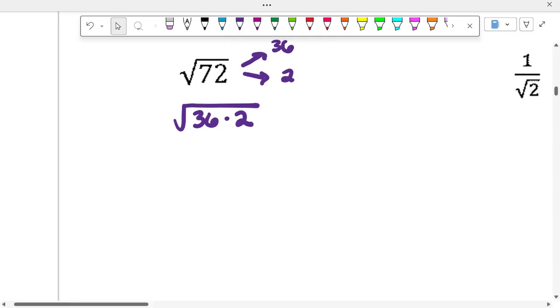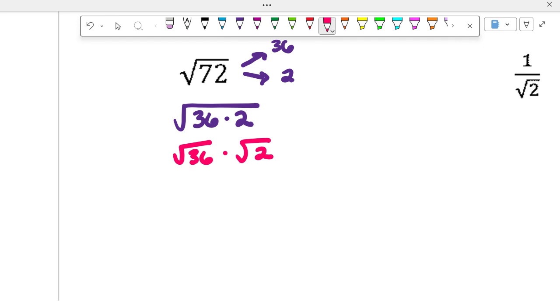Then what can I do? Right, we can separate the square roots. So I have square root of 36 times the square root of 2. What's my last step? Take the square root of 36.